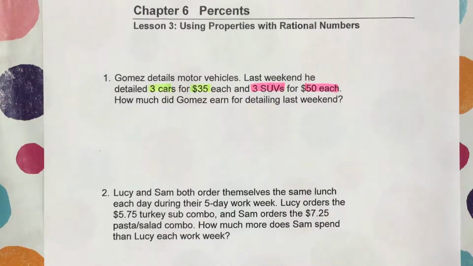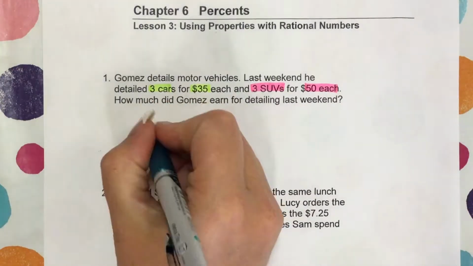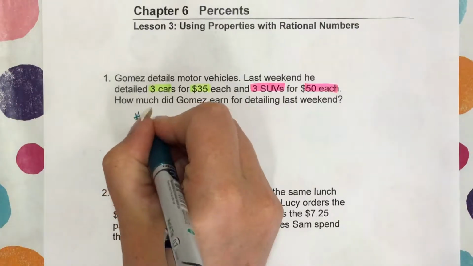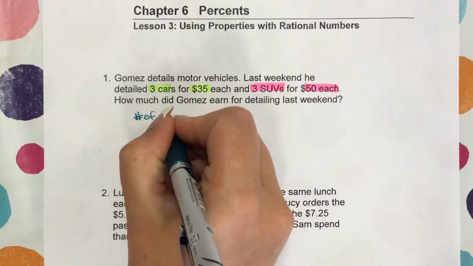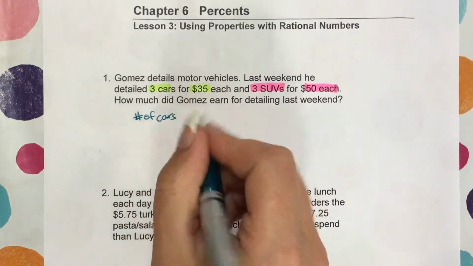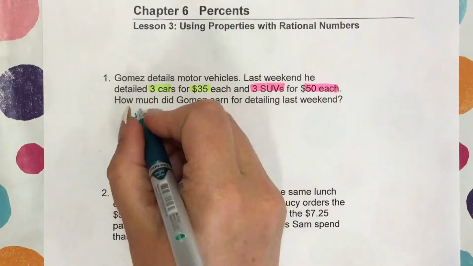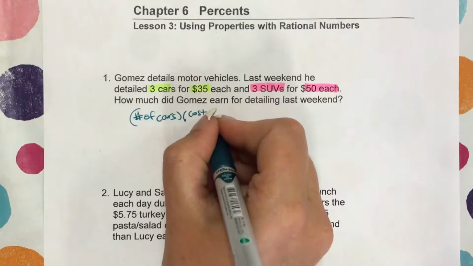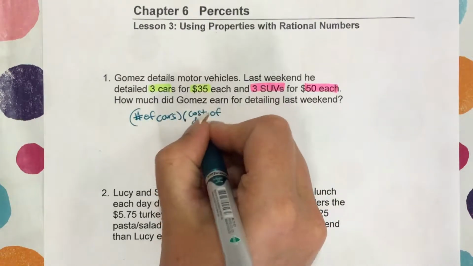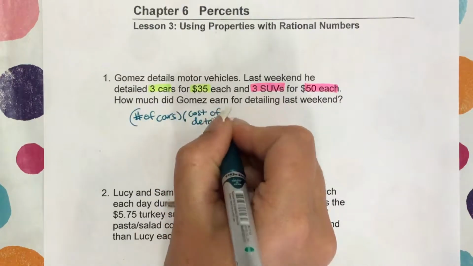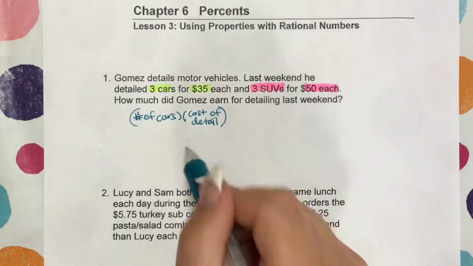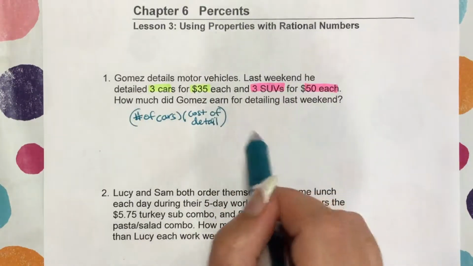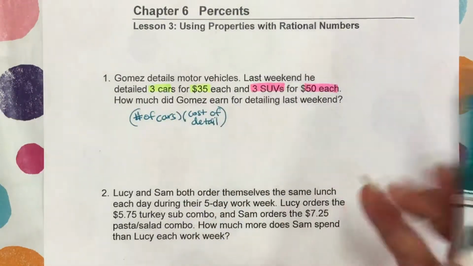Well, to figure this out, if we take the number of cars multiplied by the price or the cost of detail, we can figure out that total cost. However, for this problem, the cost of detail is 2 different values.